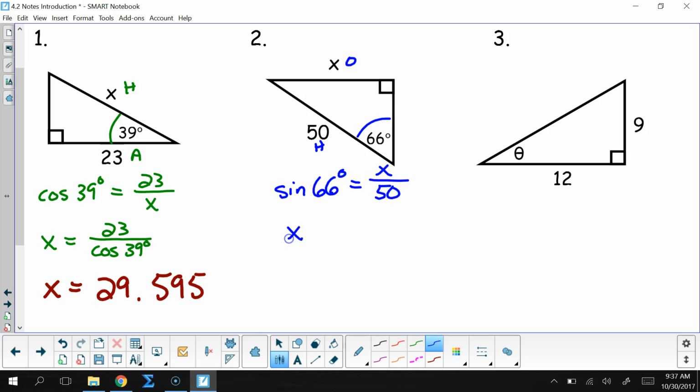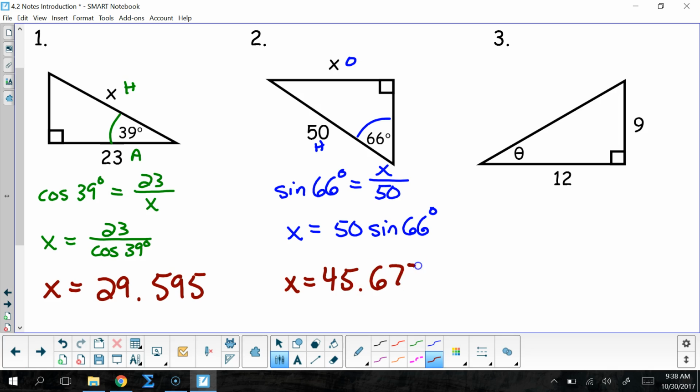So x here is going to equal 50 times the sine of 66 degrees. That's going to give me x here is equal to 45.677 units. Agree? Okay.